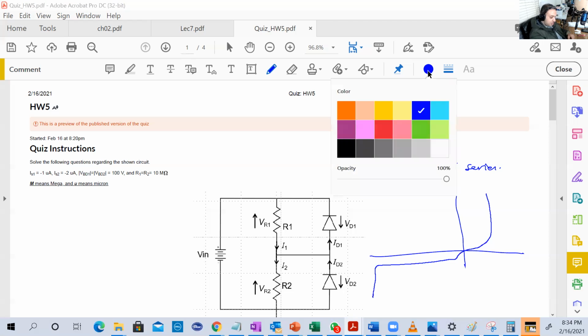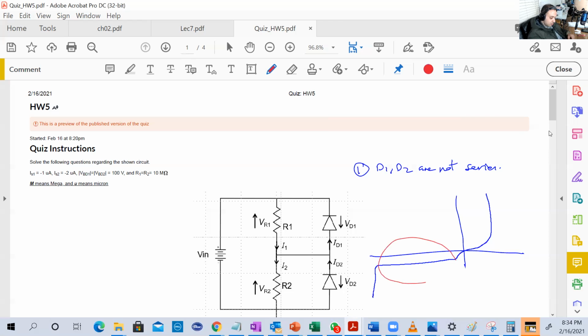ID is equal to minus IS, so it's known, and VD should be negative, less than 0. It should be like minus 1, minus 2, something like this.